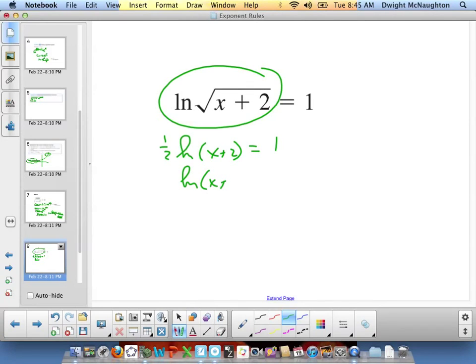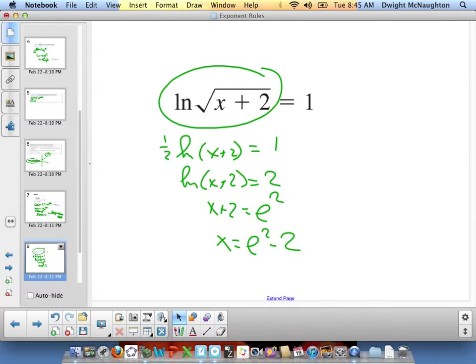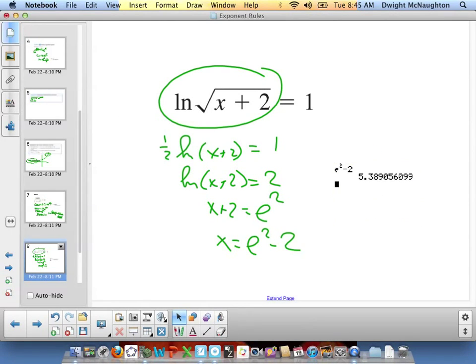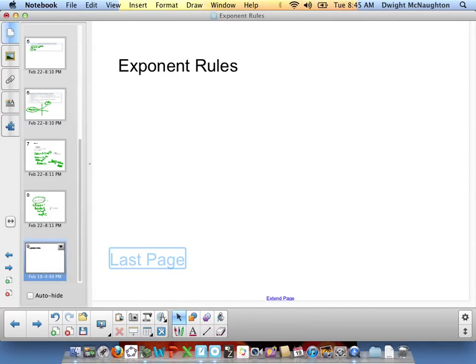Natural log of x plus 2 equals 2. So x plus 2 equals e squared. So x equals e squared minus 2. e squared minus 2 is 5.389.